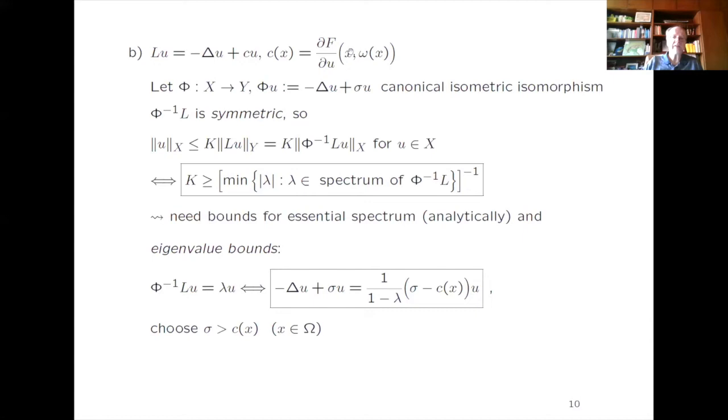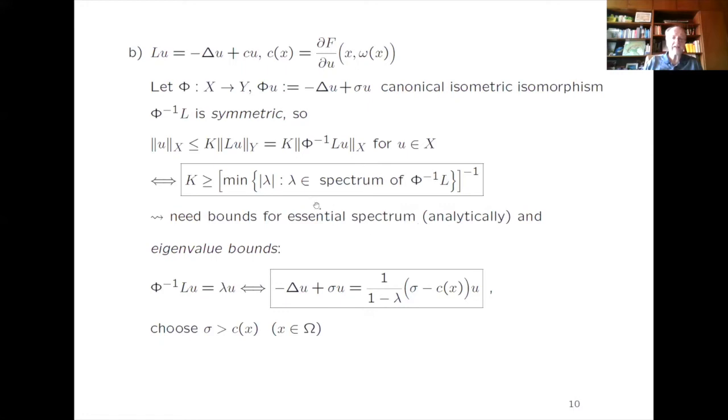In other cases where this can depend on x, for example in a periodic way, we could use Floquet theory to calculate the essential spectrum. So that is the essential spectrum, which can usually be done along these lines.